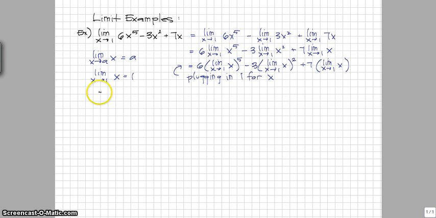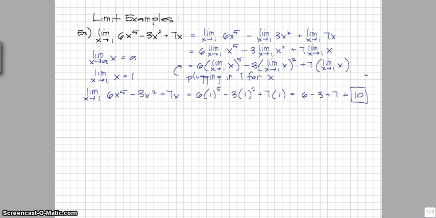So we can write the limit as x approaches 1 of 6x to the fifth minus 3x squared plus 7x is, in fact, equal to 6 times 1 to the fifth minus 3 times 1 squared plus 7 times 1, or 6 minus 3 plus 7, which is equal to 10.